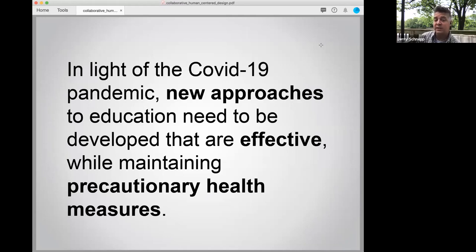Things like social distancing, wearing masks, implementing testing, having flexible plans, right? So these are all things that we're considering as we continue to provide education, some over the summer and certainly in the fall semester. So this is the problem statement, and we're going to return to this in a minute.